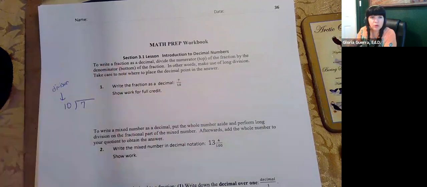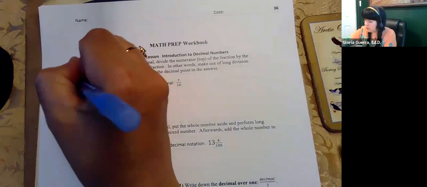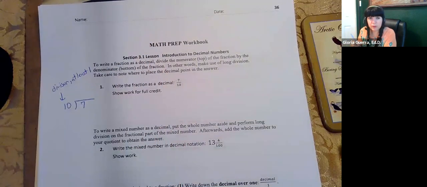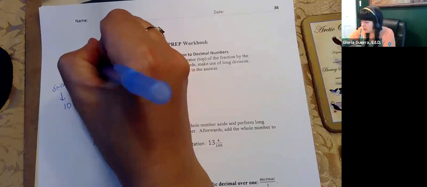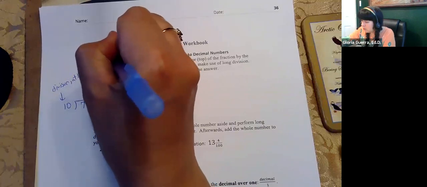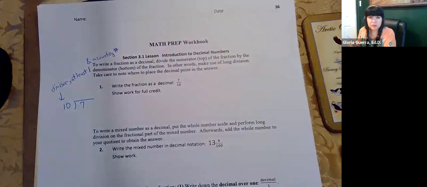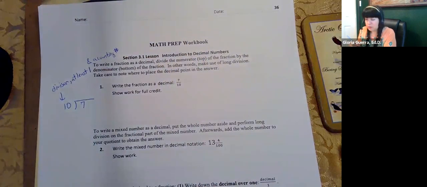The divisor should be at least 1, which is 1 or more, and it should be a counting number, so no decimals, okay?